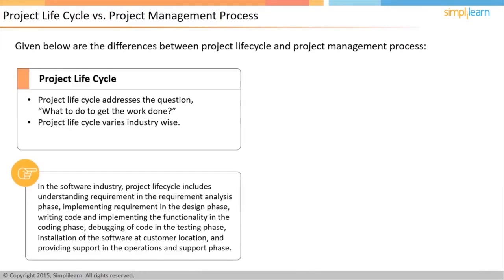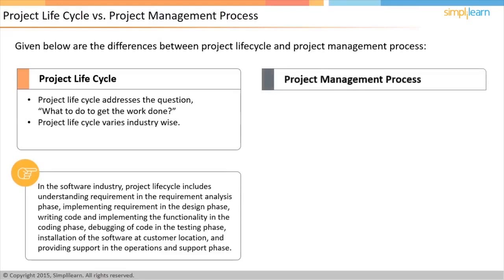Then, as part of the design phase, you figure out the implementation and arrive at the approach. Next, you implement the functionality by writing the code as part of the coding phase. The code is then verified to ensure it works right as part of the testing phase. The tested and verified software is then installed at the customer locations as part of the installation phase. After the installation, the system then moves into the operations and support phase.